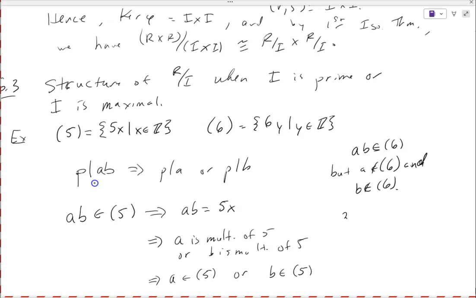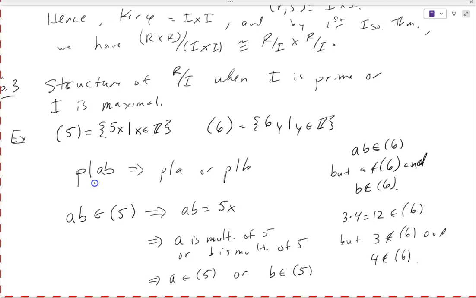Sure, that works. 3 times 4 is 12, which is certainly in the ideal generated by 6. But 3 is not in the ideal generated by 6, and 4 is not in the ideal generated by 6. You could have thought of other examples, right? 3 and 2 would have worked as well, and 15 and 34 would have worked. All sorts of examples.